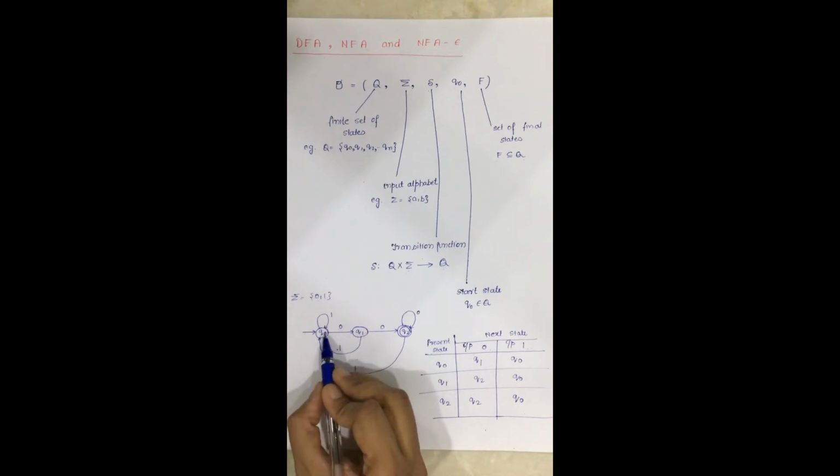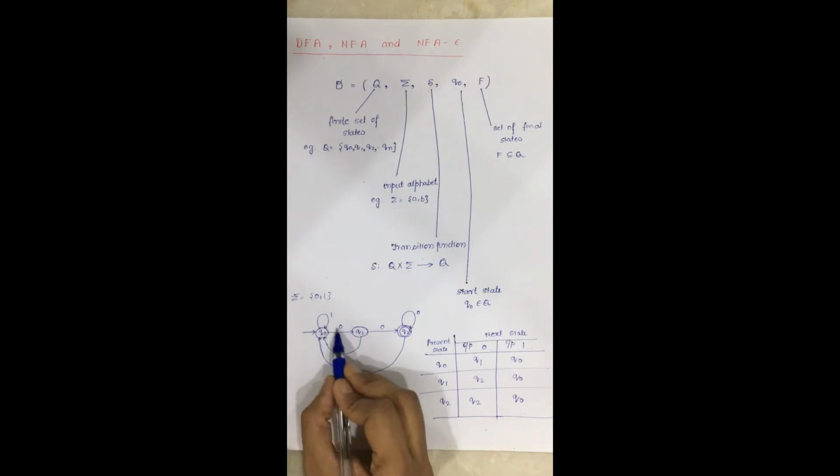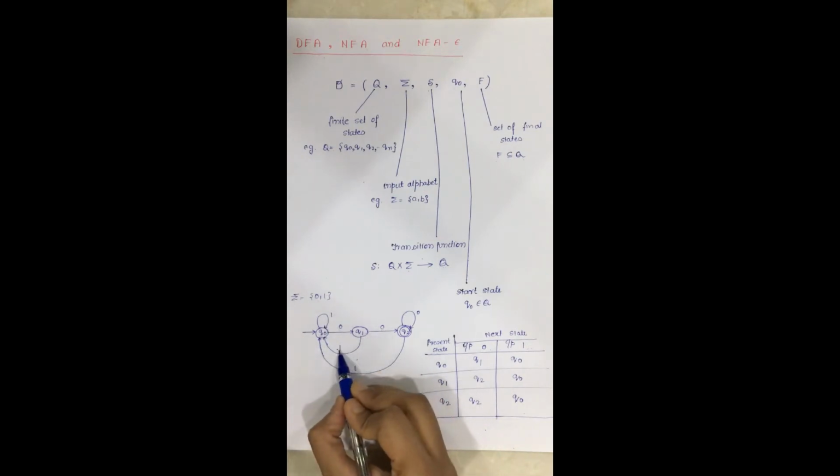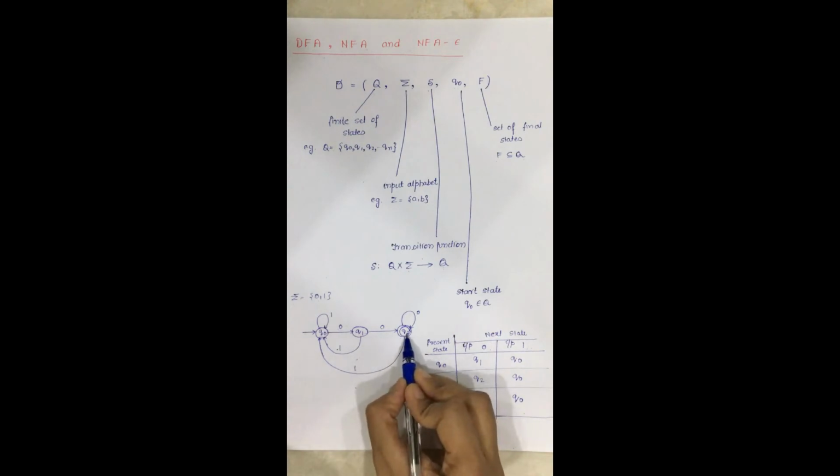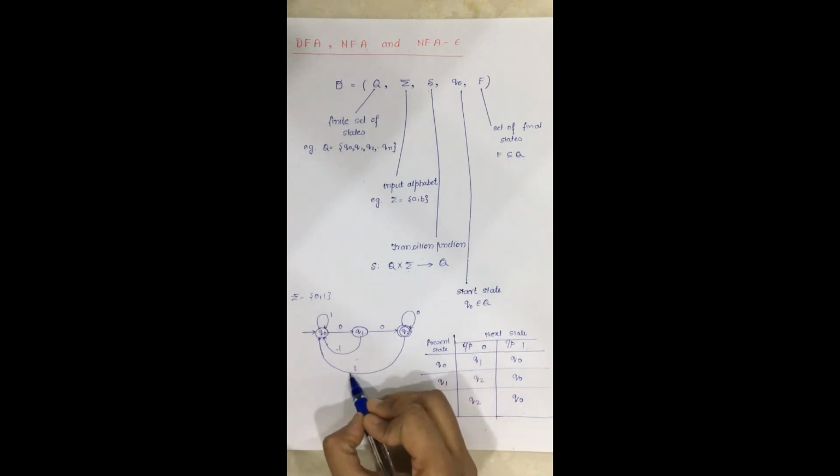So at every state, for 0 and 1 there is only one transition.